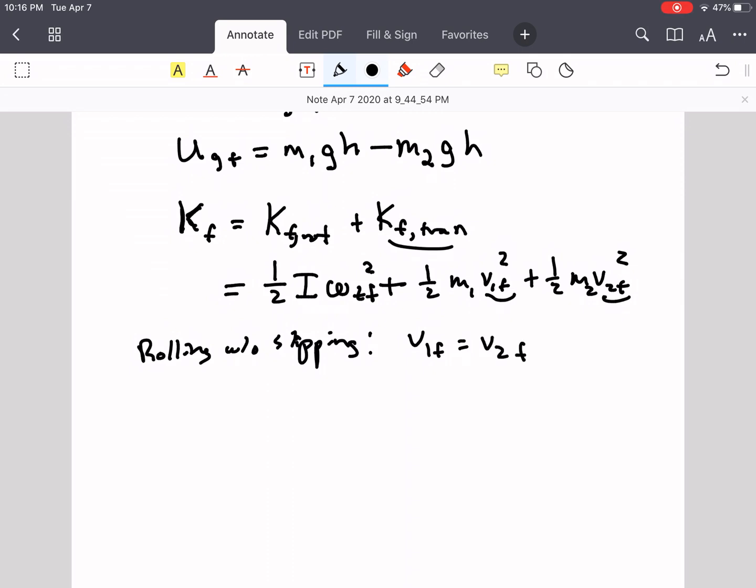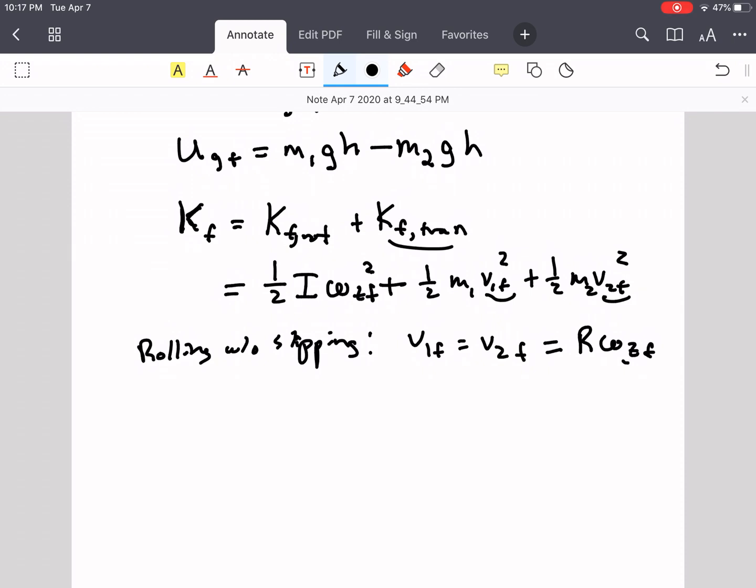Their y components are opposite, but their speeds, which is all that matters here, are identical. And furthermore, their speeds are equal to r times omega z because of rolling without slipping.